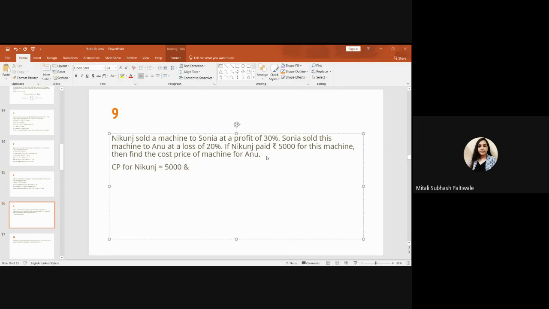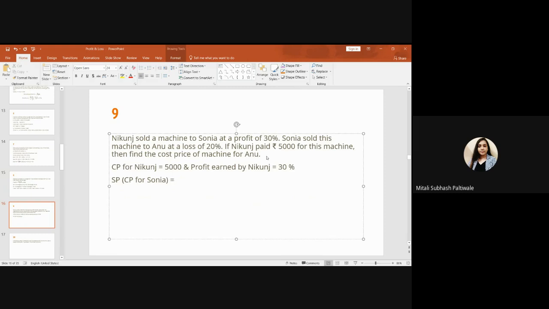And the profit earned by Nikunj is equal to 30%. Okay, so now let's find out the selling price, which is ultimately the cost price for Sonia.